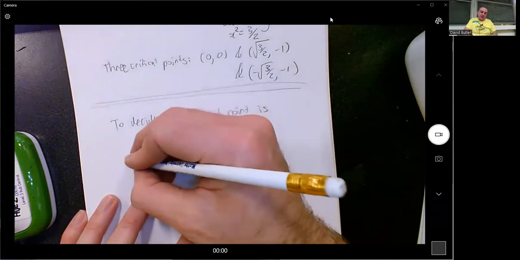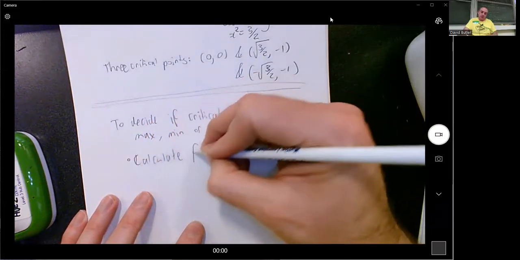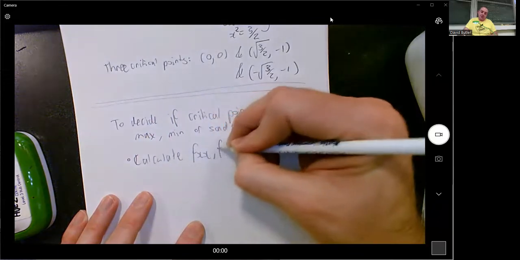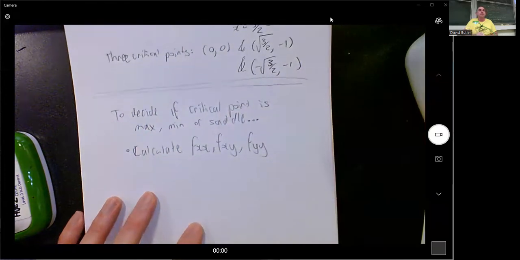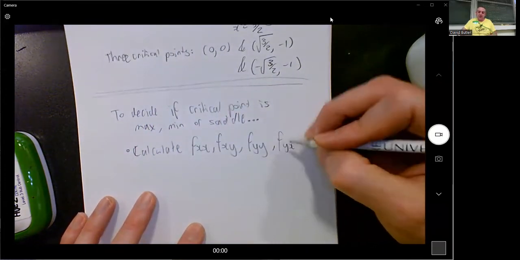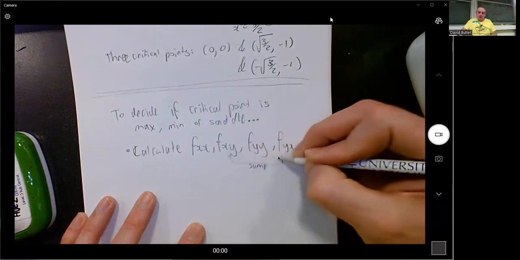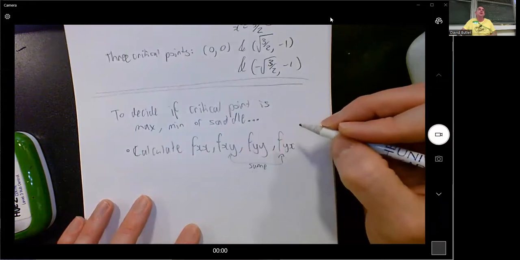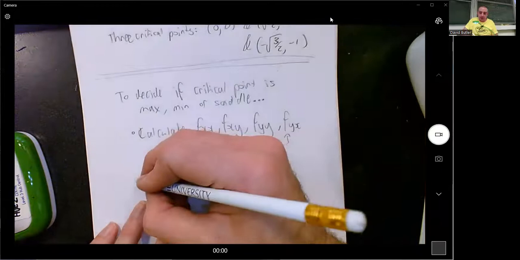So calculate the second derivatives. Technically, you can do f of yx, but these two will always be the same. If it's possible to calculate them, they will be the same. And then you calculate this.